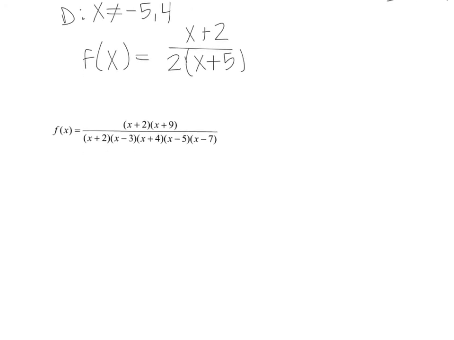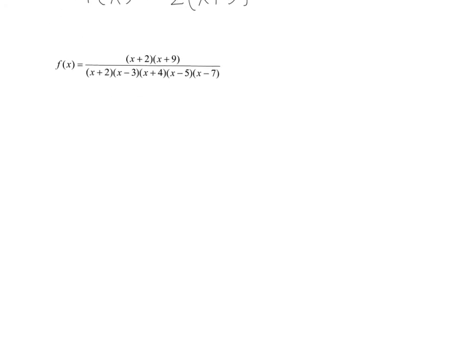Our last example is f of x equals x plus 2 times x plus 9, all over x plus 2 times x minus 3 times x plus 4 times x minus 5 times x minus 7. Let's go ahead and start with the domain. Since my numerator and denominator are already factored, I don't have to factor them. So I can go ahead and list the values that are going to make my denominator 0.